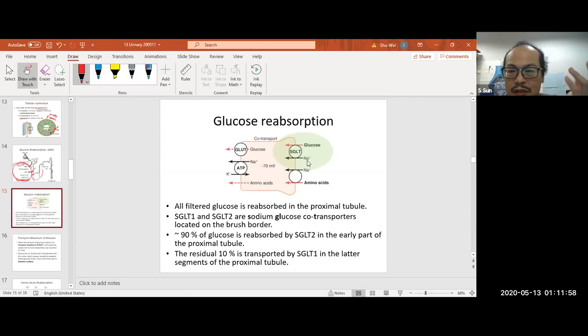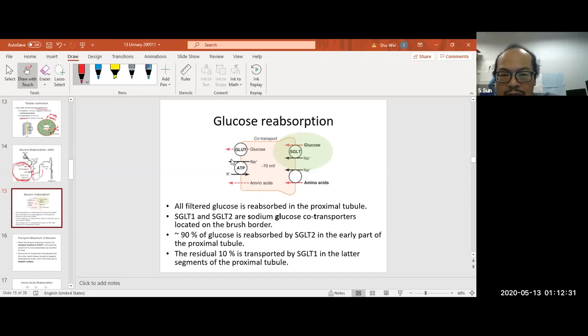You can remember the SGLT2 and 1. And by doing so, you also memorize that this glucose transporter is a sodium co-transporter. So it's right here, sodium co-transporter. That makes this transporter effortless. It's because here in the basolateral side, we have this sodium potassium ATPase. It pumps the potassium in, sodium out.